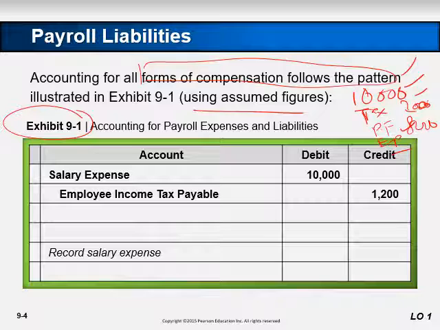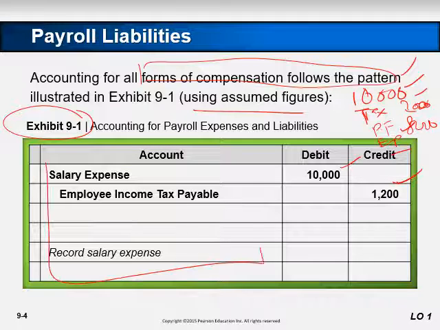That's why taxes payable, which is 1,200. All the figures here are assumed, so don't get confused about where this 10,000 came from, or where this 1,200 came from. It is just an assumption.